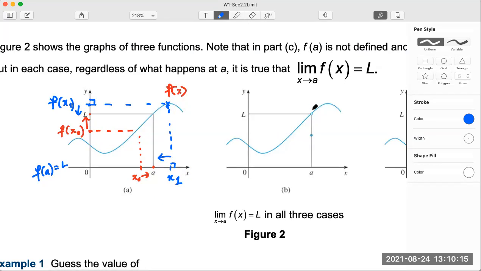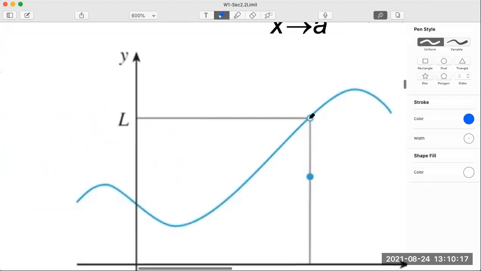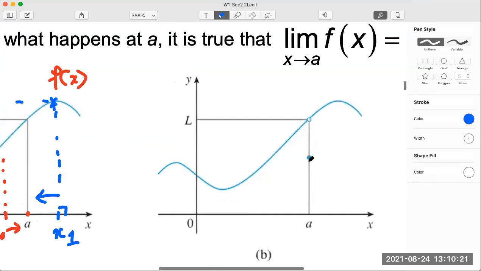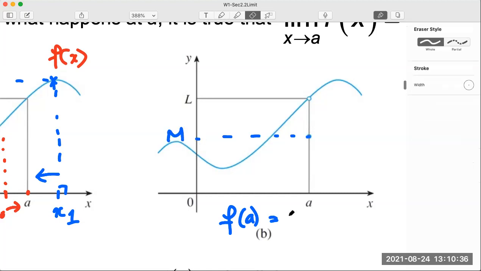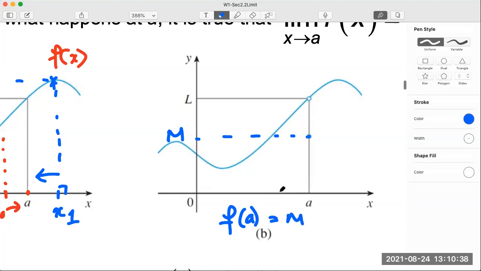Do you see it? It means that the function at this point has a dot here, so the function value f at a is equal to this dot, and let us call it m. m is any number, it's random. Let us call it this way. This is how we draw a graph.